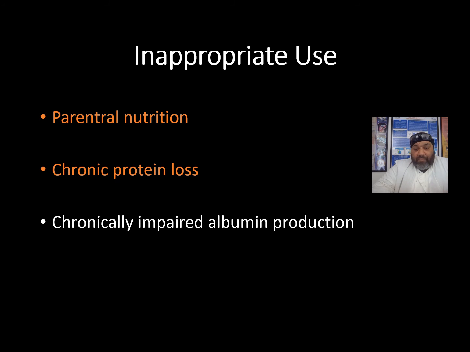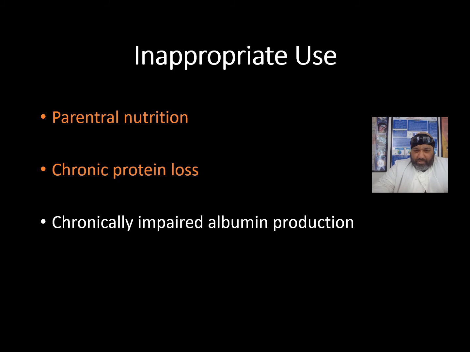And where there is chronically impaired albumin production, what I mean by this is that from a physiological perspective, there could be an underlying condition where albumin production is impaired.